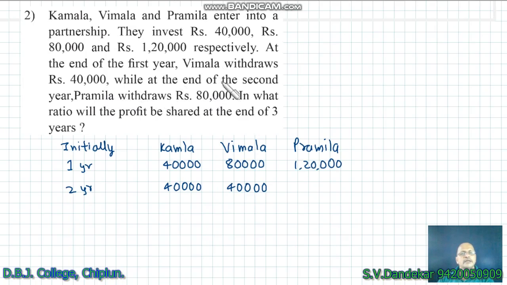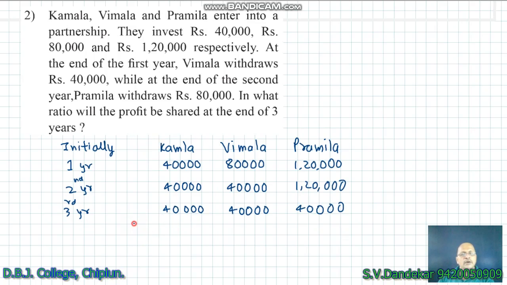So for second year her capital will remain the same, and for third year capital of Kamala is 40,000, capital of Vimla is 40,000 and capital of Pramila is now 40,000. What is the ratio of their profits shared in the 3 years?